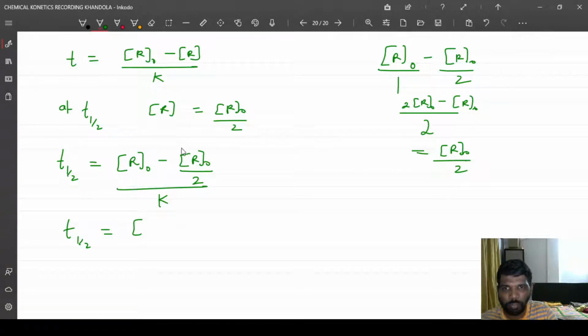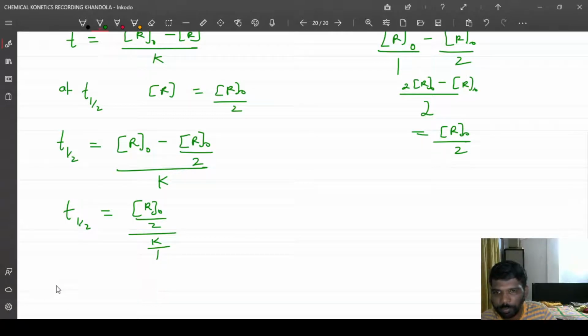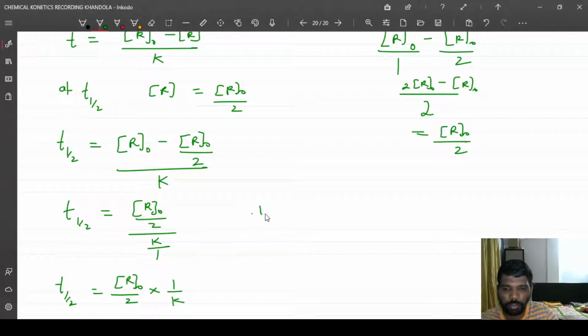Instead of this whole term, I am writing R0 upon 2 divided by k. Therefore t half is R0 by 2 multiplied by 1 by k, so t half is equal to R0 by 2k.